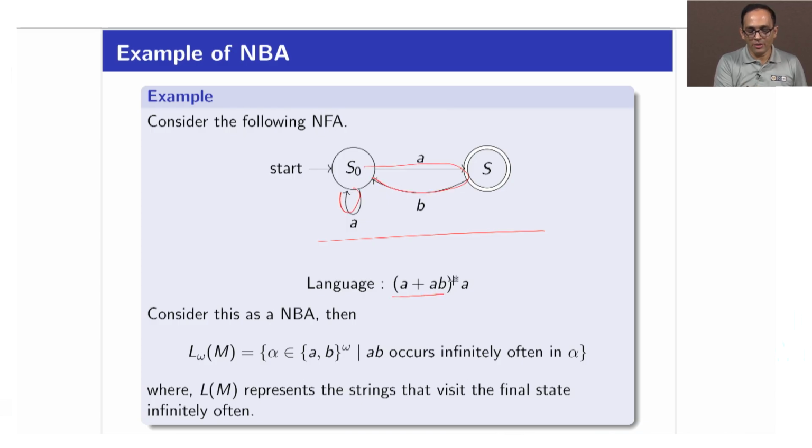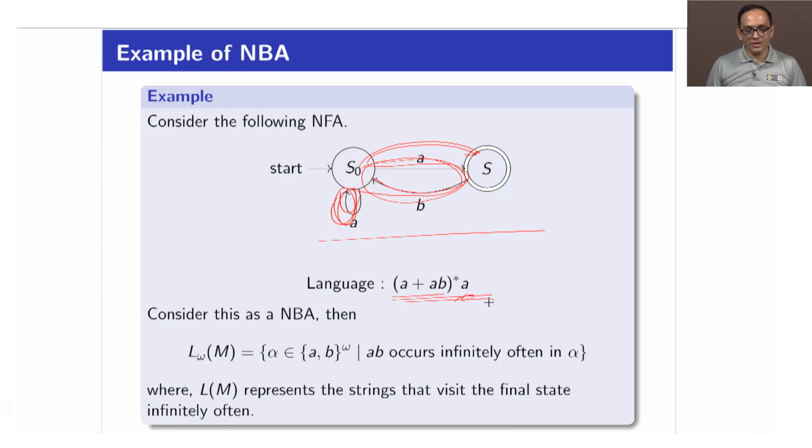So, A or AB star, any combinations of them, but followed by A, right, because you can have any number of A here or here, but finally you have to take A to go to this final state. So, any combination of this is accepted by this NFA on finite words.